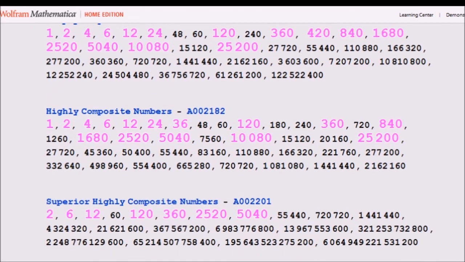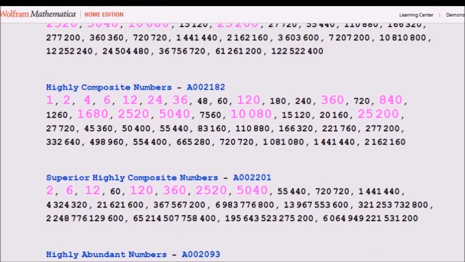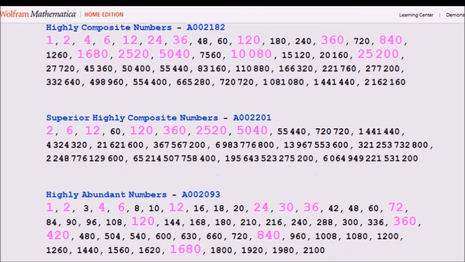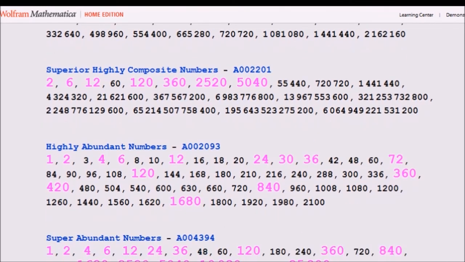Highly composite numbers. We also have the numbers that match those. The superior highly composite numbers, OEIS A002201, also petering out in terms of correspondence after 5040, which doesn't really mean anything.